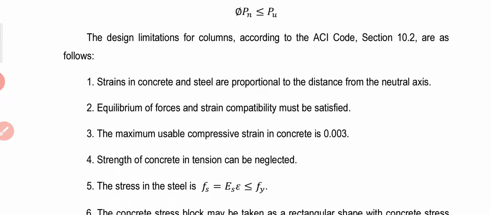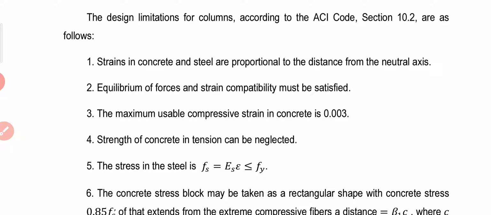The design limitations for columns according to the codes are as follows. First, strains in concrete and steel are proportional to distance from the neutral axis. Equilibrium of forces and strain compatibility must be satisfied. The maximum usable compressive strain in concrete is 0.003. Strength of concrete in tension can be neglected. The stress in the steel is equal to or less than fy.